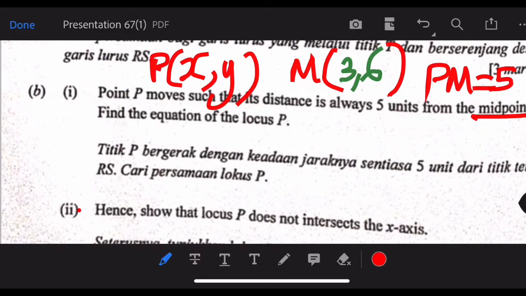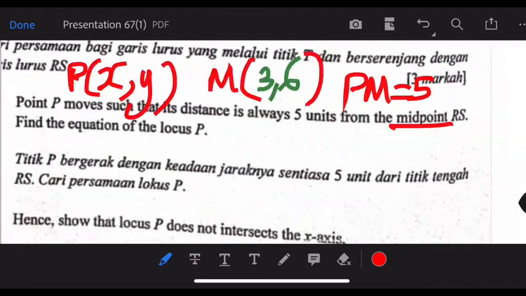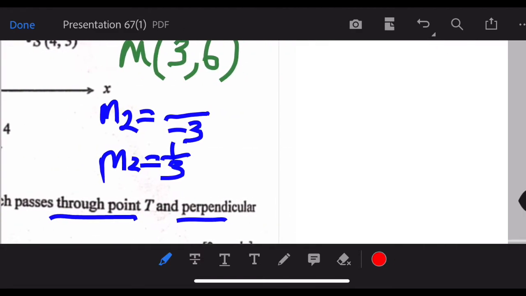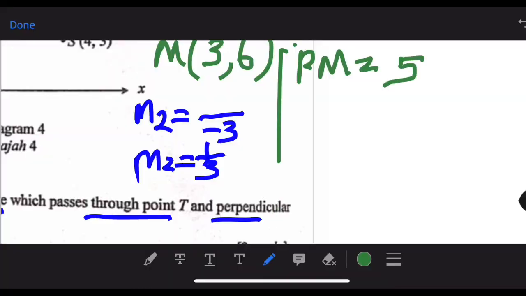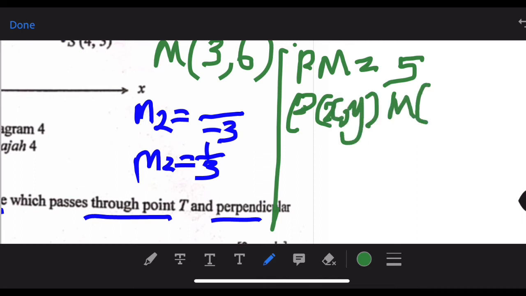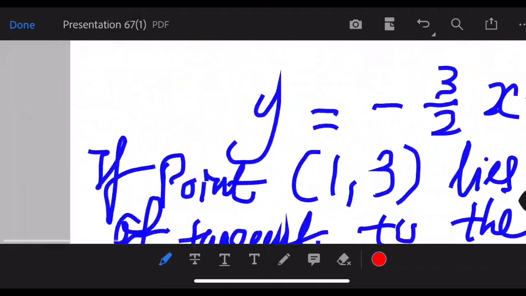So let's find the equation. The equation of the locus is always using distance, right? Let's list out all the points: P is (x, y), and M is (3, 6), right? So we are going to solve this.